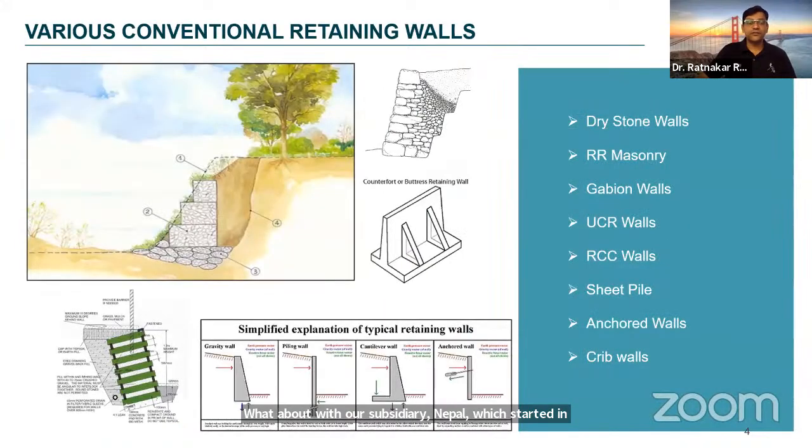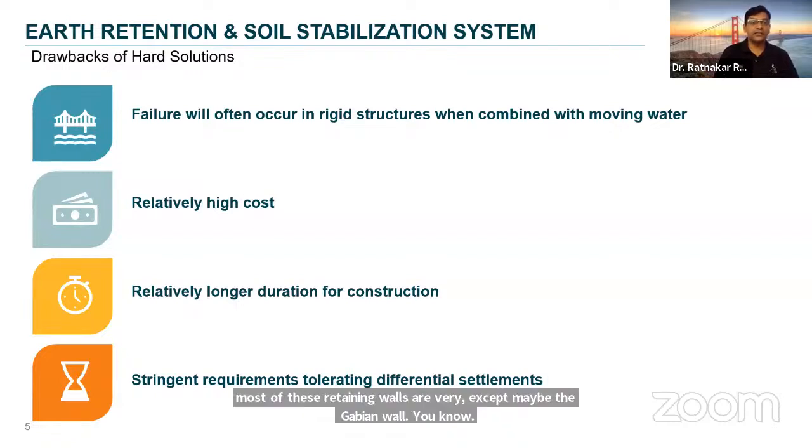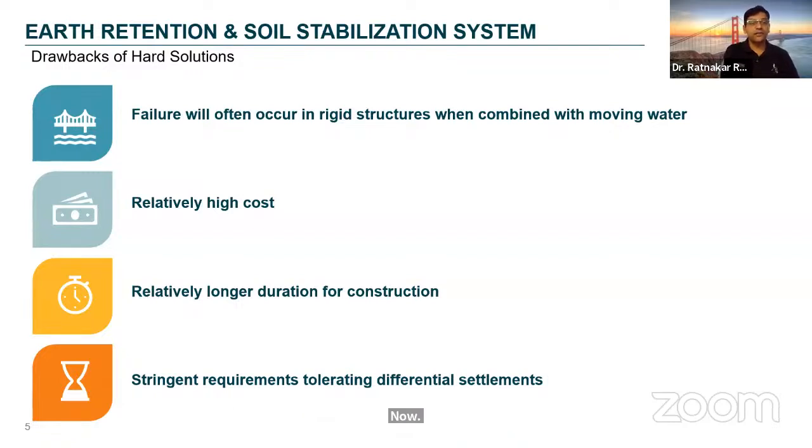Now, coming to today's topic, there are various types of retaining walls. The conventional retaining walls are typically dry stone walls, random rubble masonry, UCR walls, Gabion walls, RCC walls, sheet pile walls, anchored walls, and screed walls. Most of these retaining walls are very rigid, except maybe the Gabion wall. These rigid retaining walls have some drawbacks.